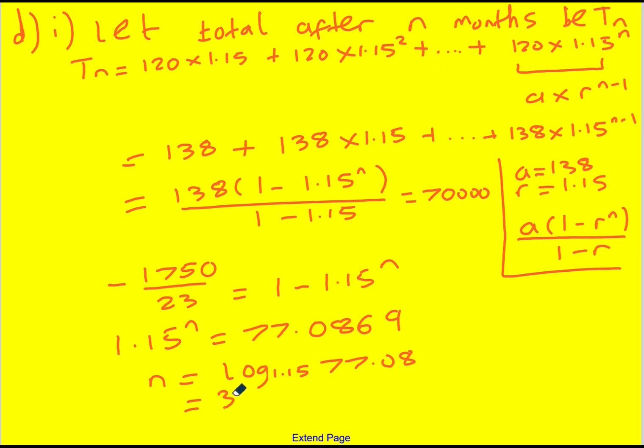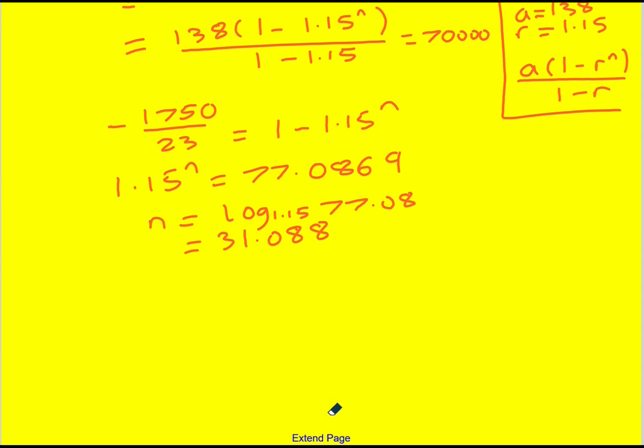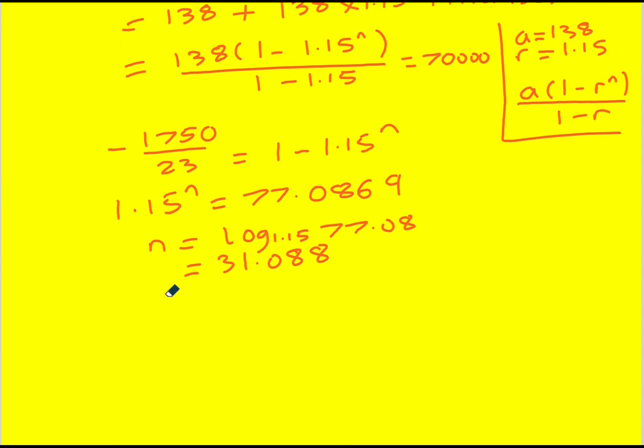So n is 31.088. That means we are very, very close to 70,000 after the 31st month, but we're not quite there. So actually, it's going to be 32 complete months to exceed 70,000.